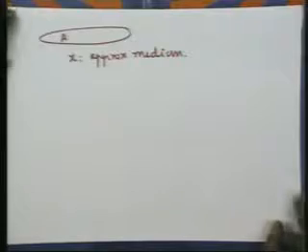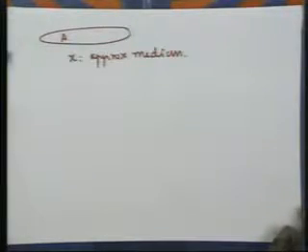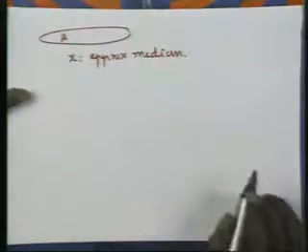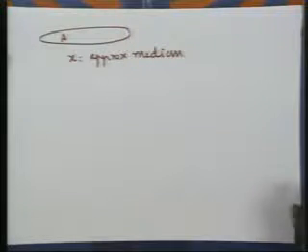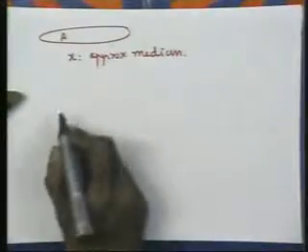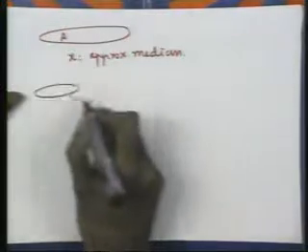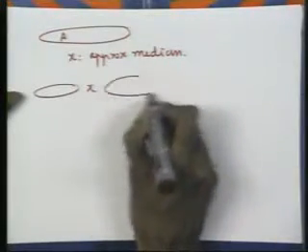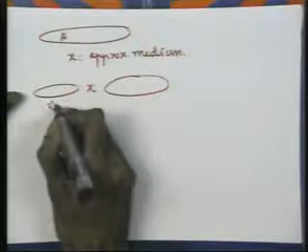Let's not lose focus of our goal, which is to find the exact median. x is an approximate median, and you just come to know of it somehow. What you could do is split the array as less than x and greater than x. So here are elements less than x, here are elements greater than x.